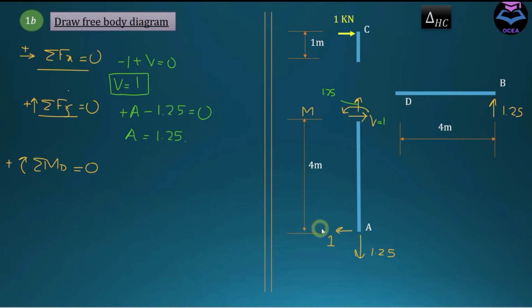Now since this force is creating a counterclockwise moment about this point, this is going to be positive, and it has a perpendicular arm of 4 meters. And we have this moment which is acting in counterclockwise direction, and this is going to be negative. So if I calculate moment from here, it's coming out to be equal to 4 kilonewton-meter.